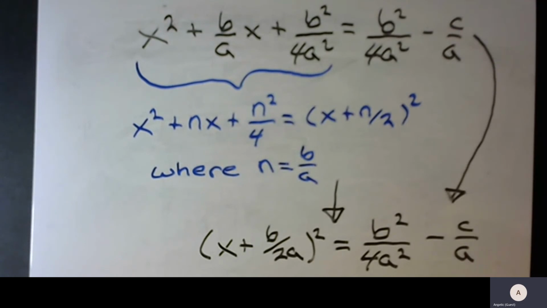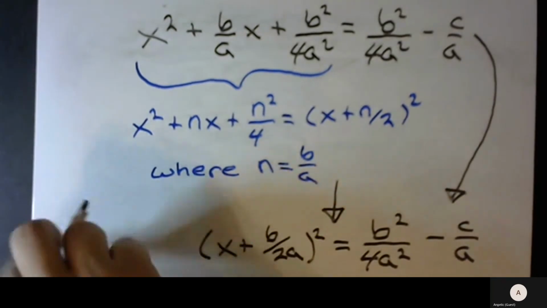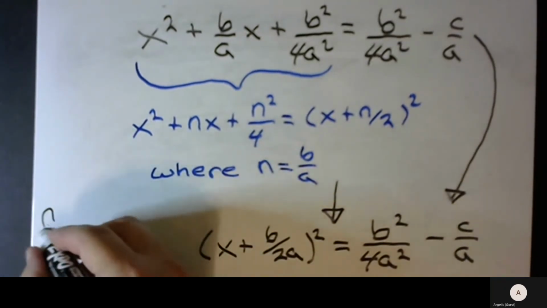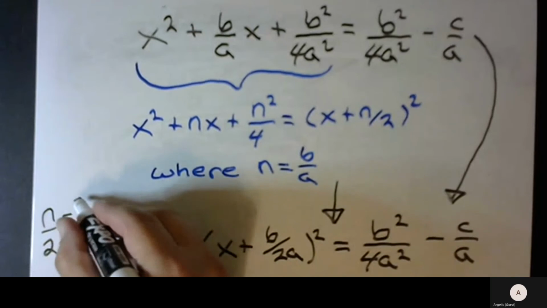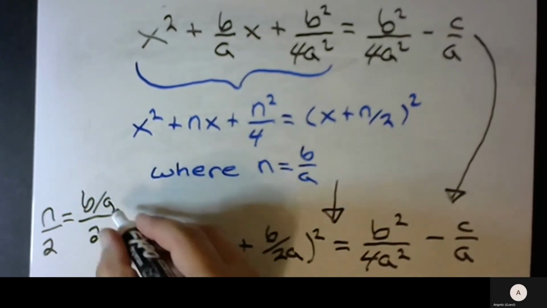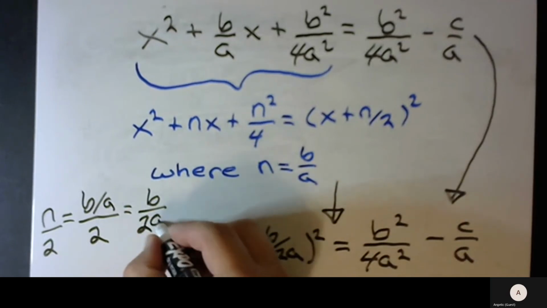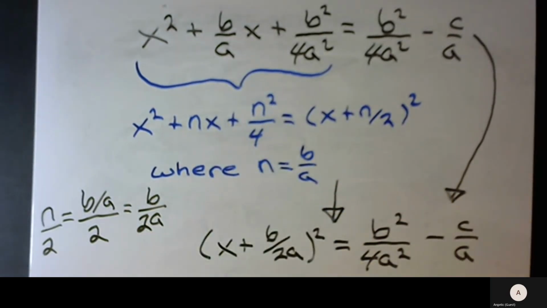Okay, I see where you're going with this. Wonderful. And just as an algebra note, n over 2, which for us is b over a over 2, will simplify to b over 2a.